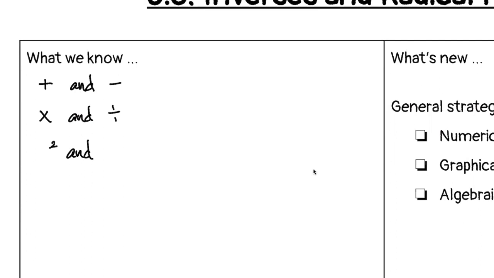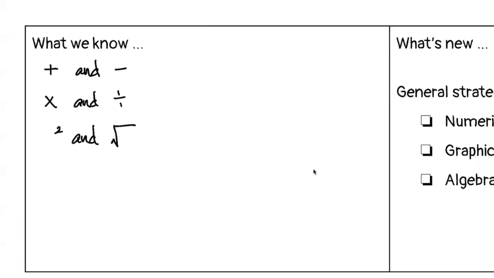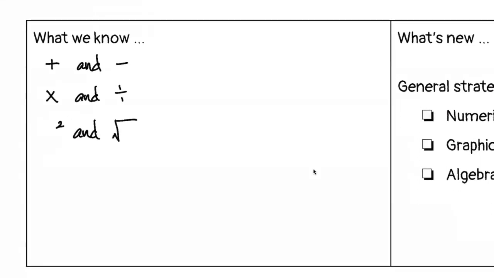And if we wanted to get rid of that square, we had a square root. And as we moved further along, maybe we learned that we could cube something. And if we wanted to undo a cube, we would have the square root symbol, but there would be a little 3 out there instead. Right? So that's a cube root.